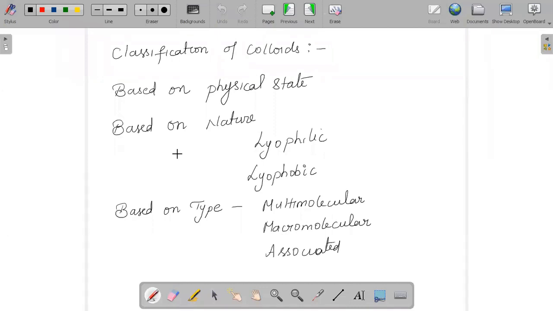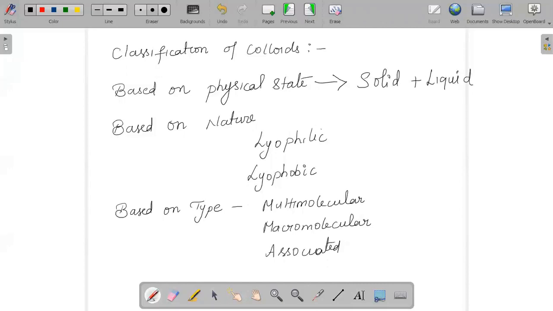When classified based on their physical state, it is the dispersed phase and dispersion medium. Suppose the dispersed phase is solid and the dispersion medium is liquid.